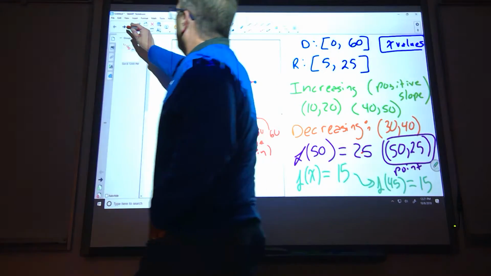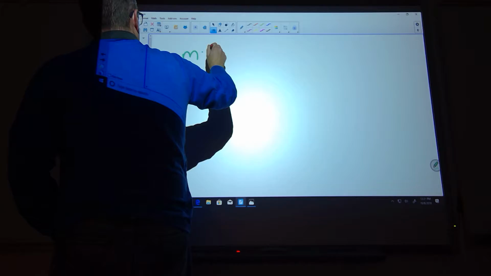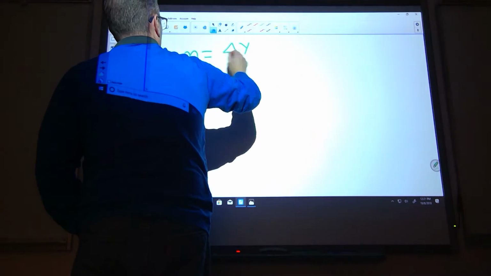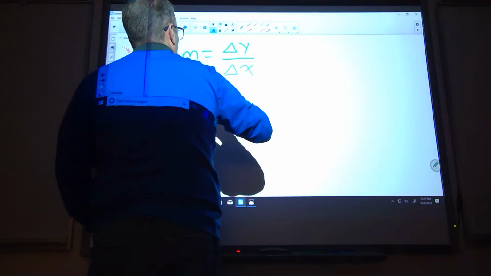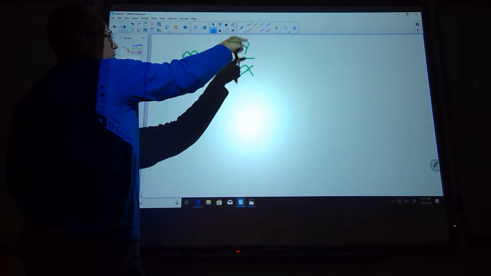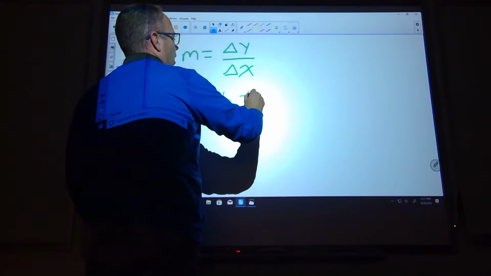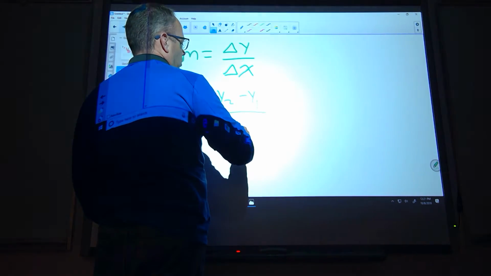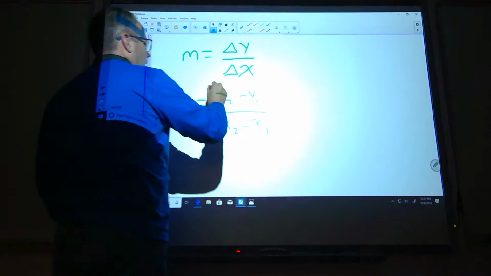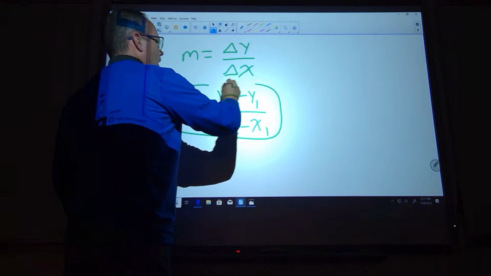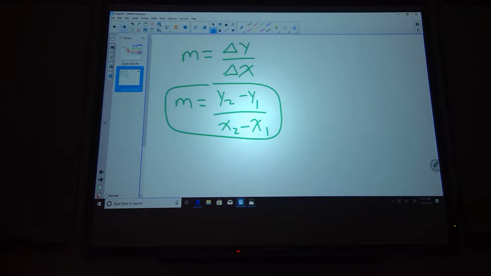All right, slope equation. You've seen it in science like this probably. That just means change in y over change in x. But in here, we're going to do it as y2 minus y1 over x2 minus x1. And I will give you this formula on the quiz tomorrow, okay? But you have to remember how to use it.